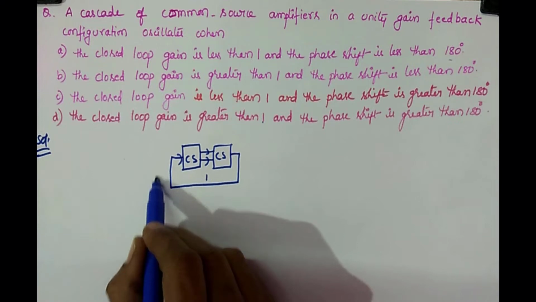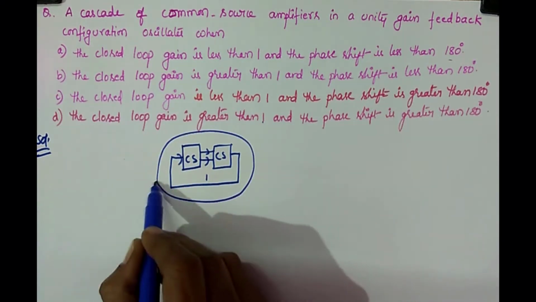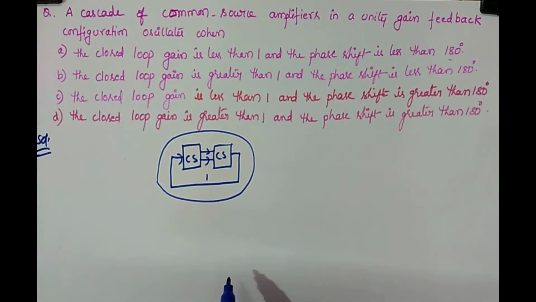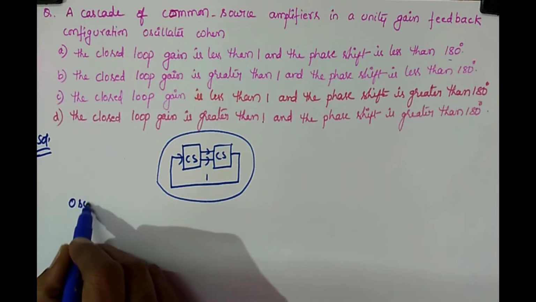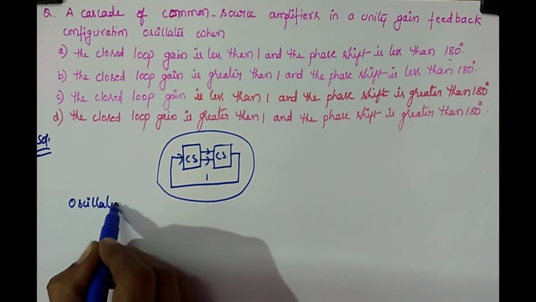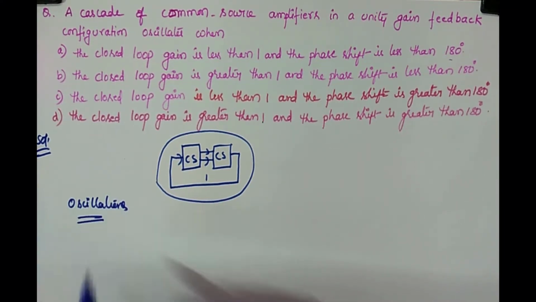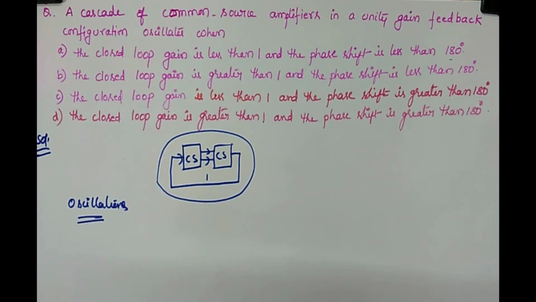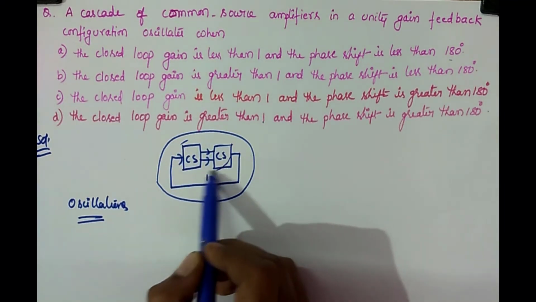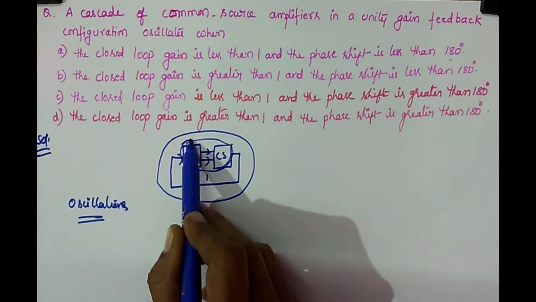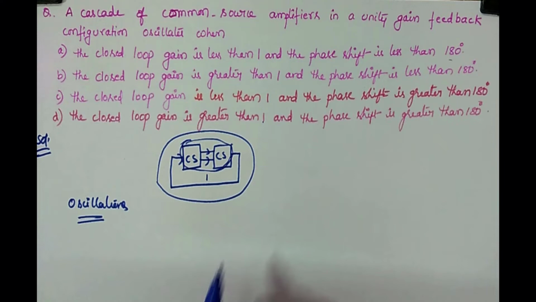Now, the system oscillates when, and see, oscillations. To get oscillations from any circuit, first of all, there must be two things. One is the amplifier stage and another one is the feedback stage. This totally is the amplifier stage and this is the feedback stage.